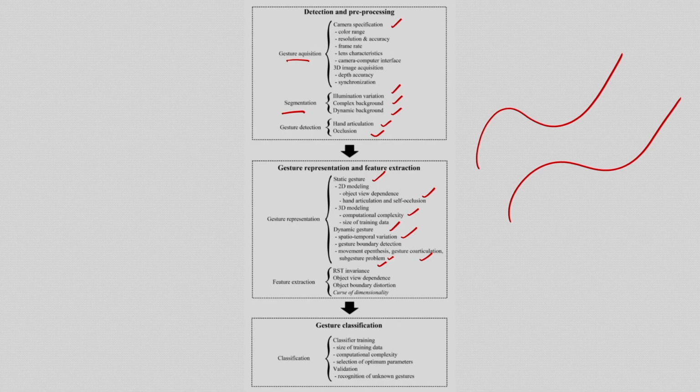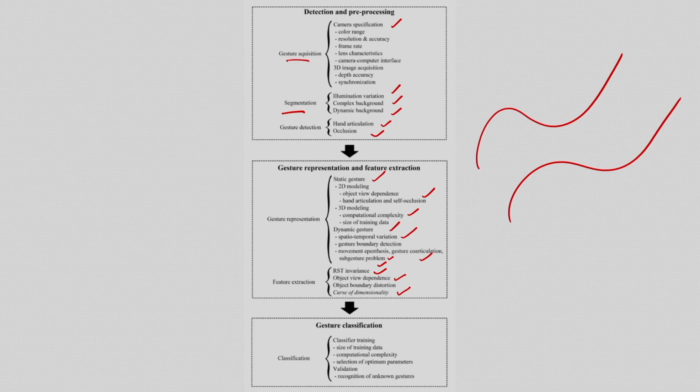In case of feature extraction, the feature should be invariant to affine transformation, that is RST invariance, and also to object view dependence, and we have to reduce the dimensionality of the feature vector, that is nothing but the curse of dimensionality. After this, we have to do the classification.